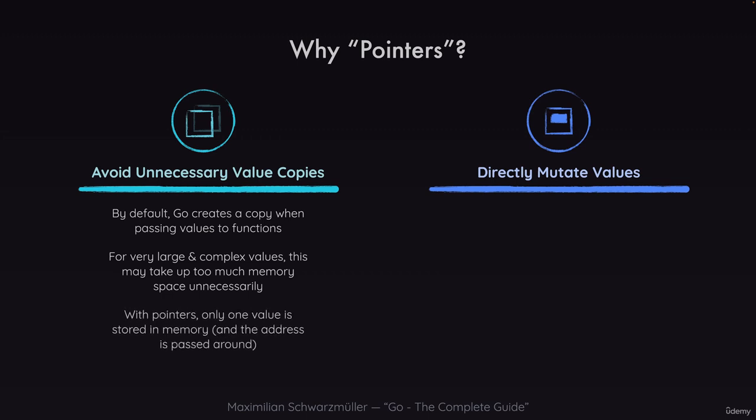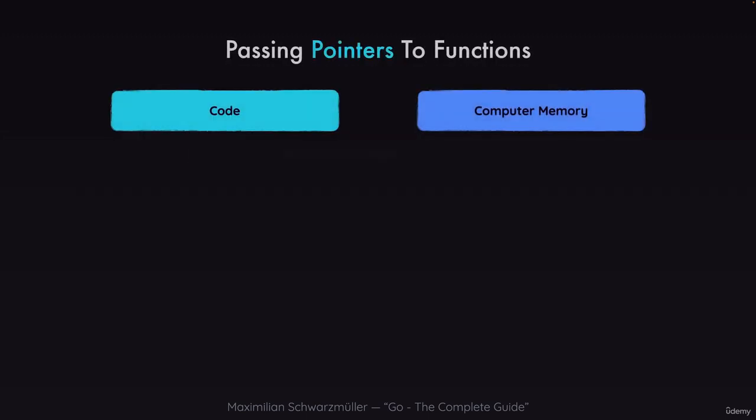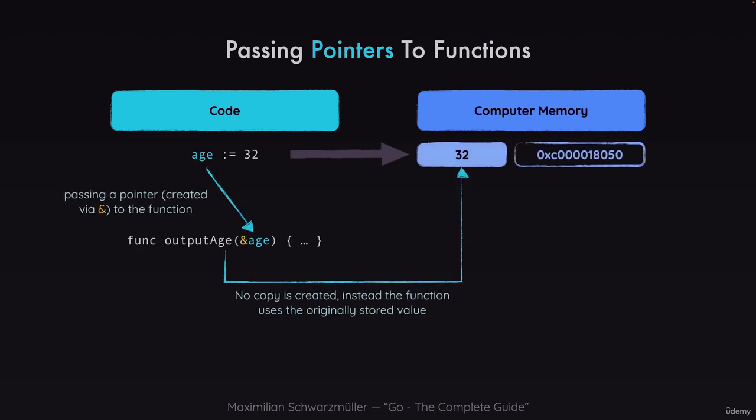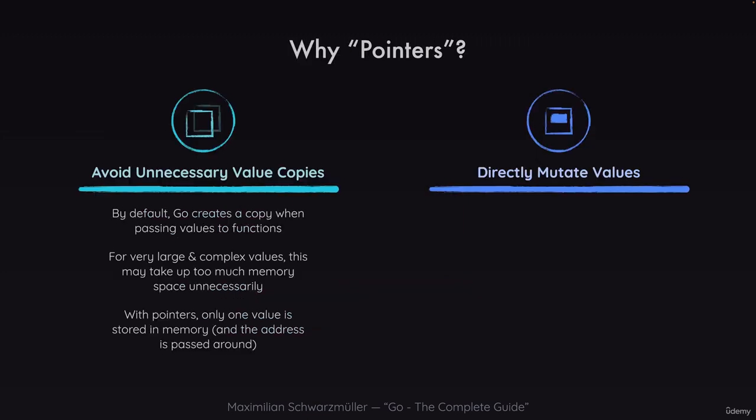Because when passing a pointer as an argument to a function, there's no copy being created. Instead, that function receives the address and can use that address to look up the value that's stored under the address, again by using a special syntax, which I'll also show you later, to then work with that value that is stored there. So that's one reason for using pointers.